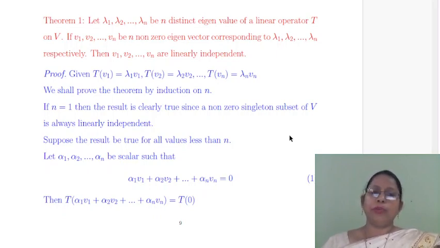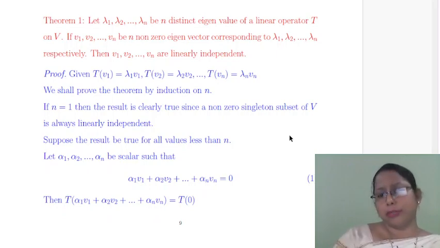Given T(b1) = lambda 1 b1, as lambda 1, lambda 2, ..., lambda n are n distinct eigenvalues of the linear operator, so T(b1) = lambda 1 b1, T(b2) = lambda 2 b2, up to T(bn) = lambda n bn. We shall show that b1, b2, up to bn are a linearly independent set.